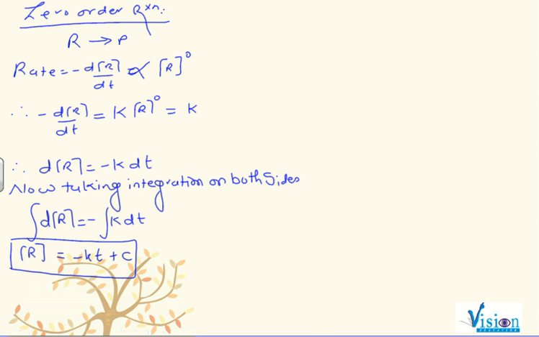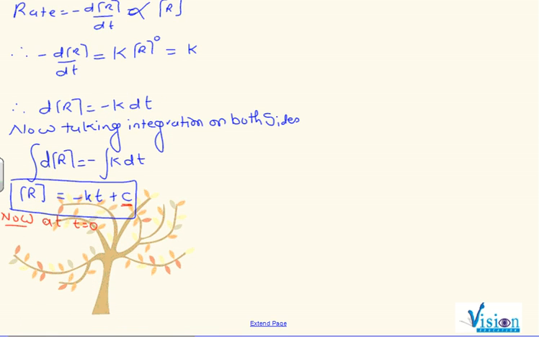Now, if I want to determine the value of this constant c, what are we going to do? We know at time t equal to 0, that means at the beginning of reaction, we had concentration R. Reactant का concentration को हम बोलते थे R0, initial concentration. If we substitute this value over here, instead of R, what can we write?